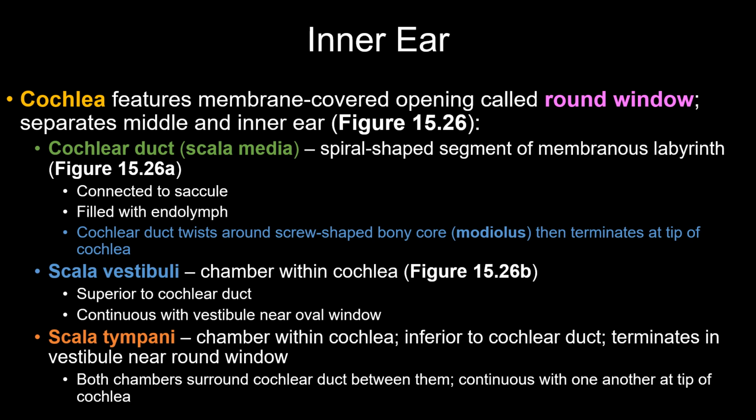Together, the scala tympani and the scala vestibuli form a sort of sandwich around the cochlear duct, and they're continuous with one another at the tip of the cochlea. So it's all one chamber divided into superior and inferior portions, superior being scala vestibuli, inferior being scala tympani.